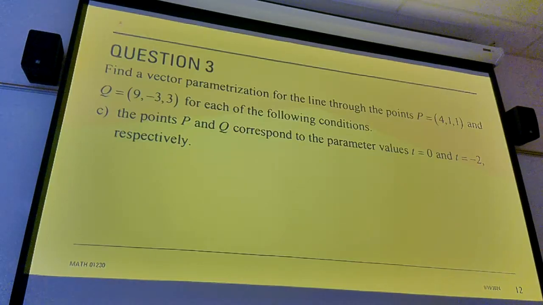And so look at R of 0 first. So R of 0 has to equal what?